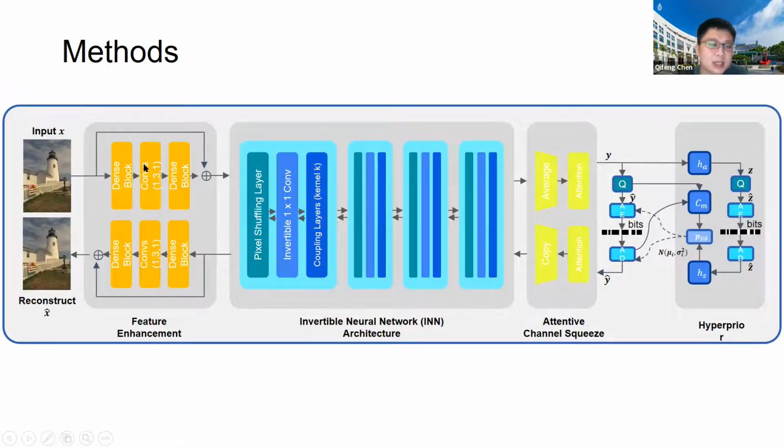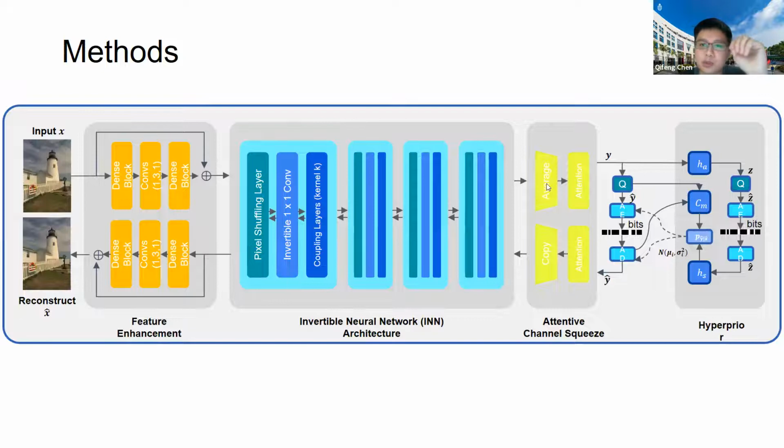It serves similarly to some encoding, but it's like a residual block here to do some feature enhancement. And then after that, we add some invertible layers: a pixel shuffling layer, which essentially reshapes the tensor, and a one by one convolution coupling layer. It's a popular layer.